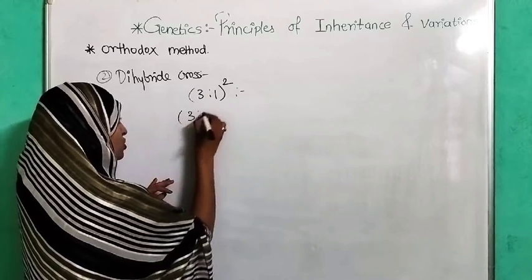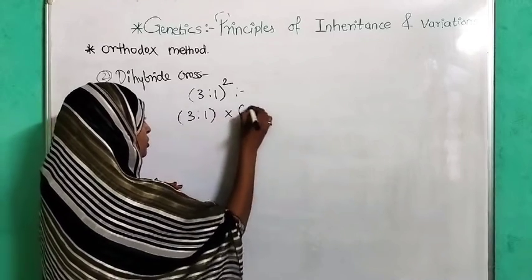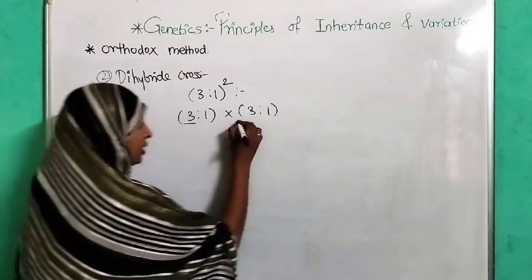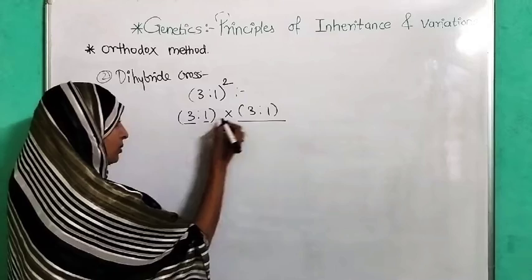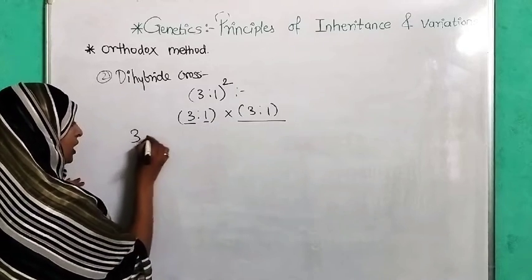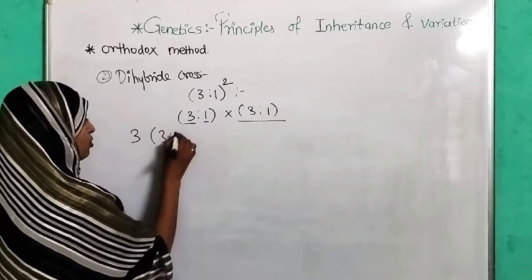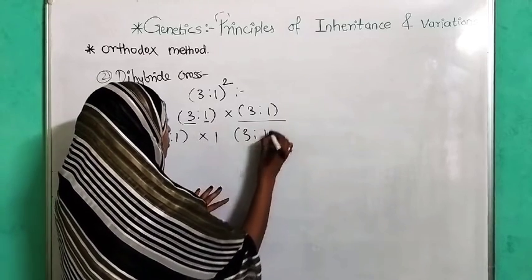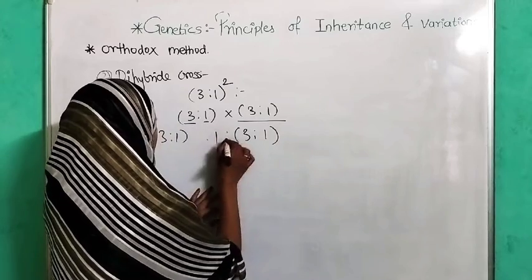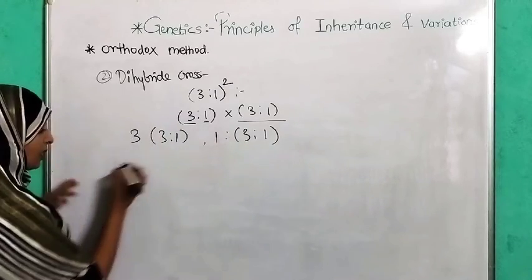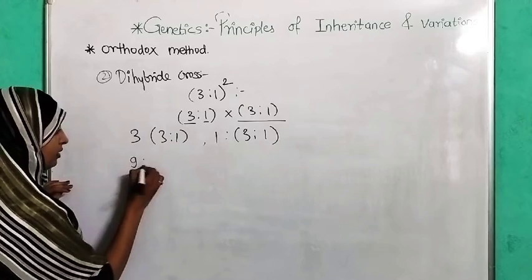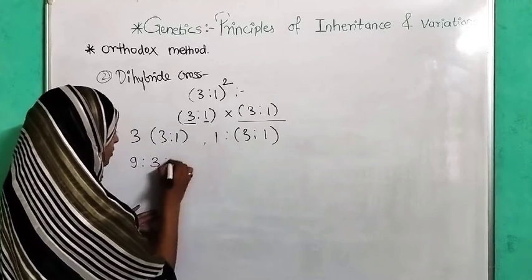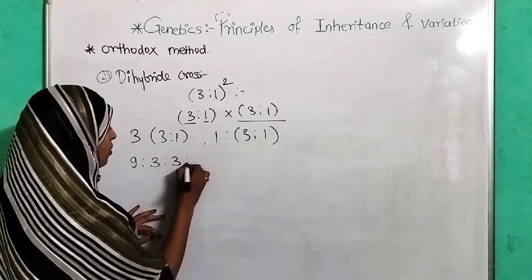The dihybrid ratio means 3:1 into 3:1. Then we multiply 3 by the whole bracket and 1 by the whole bracket: 3 into 3:1 and 1 into 3:1. So 3 3s are 9, 3 1s are 3, again 3 1s are 3, and 1 1 is 1.